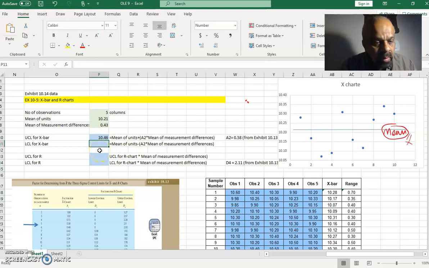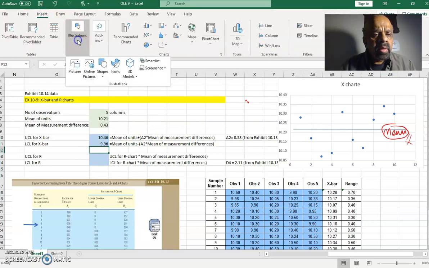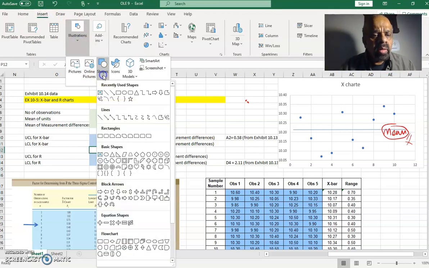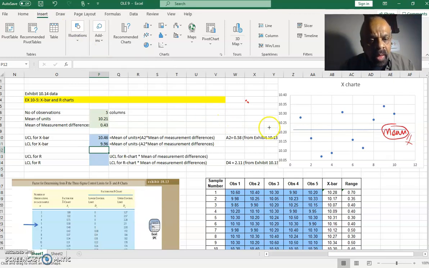The LCL is going to be equal to 10.21 minus A2, which is 0.58, which I looked at, times the mean, which is 0.43. That comes to 9.96. So if I want to draw a line here, I can draw 9.96 as the lower one, which is somewhere here.